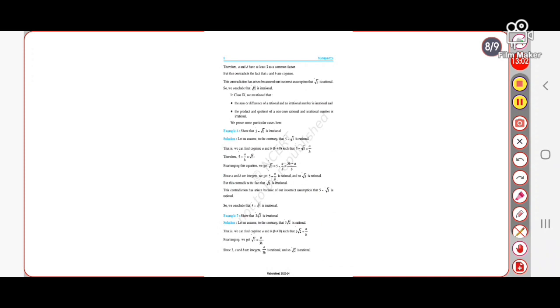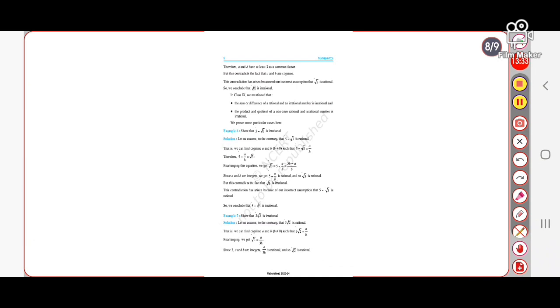Yes, now we will see the next question, that is 5 minus root 3 is irrational. They are asking us to prove 5 minus root 3 to be irrational. Again the same sequence of steps which I told before is to be followed to get the result that 5 minus root 3 is irrational.